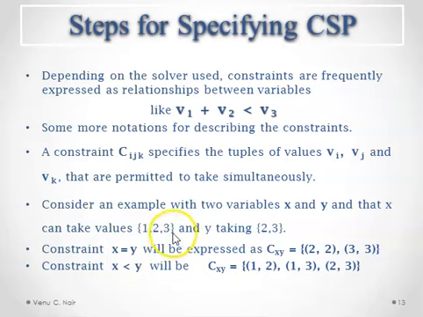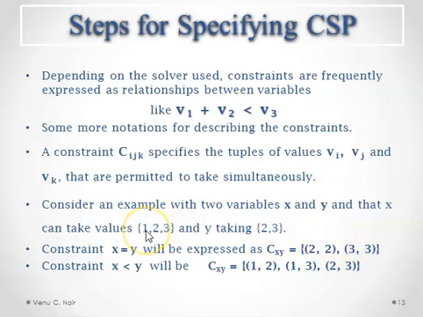So the expression, as we mentioned about C of i, j, k, can be represented here as C of x, y, because we are having only two variables. C of x, y can take the values 2, 2 and 3, 3.